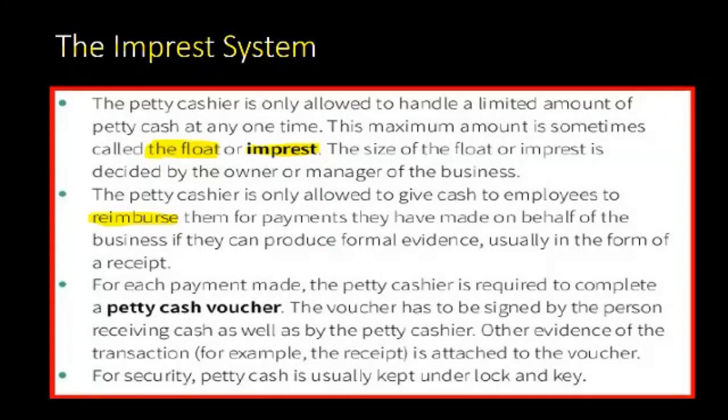Okay, that is called the imprest system. If at first you don't understand it, after you write up a few cash books, or petty cash books rather, you will begin to understand how the system works. Okay, so from the float, what happens is the petty cashier makes small payments for things like newspapers, traveling, postage.